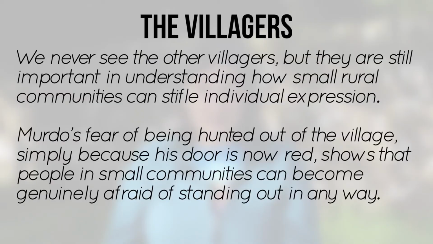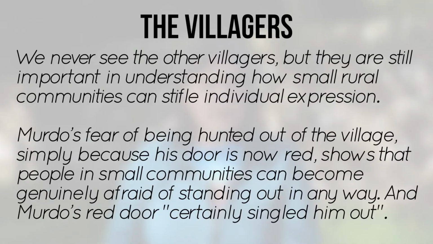The fact that there's never been a red door in the village before, and that Murdo even has to contemplate the outrageous prospect of being hounded out of the village just because his door is red, emphatically underlines the fact that in small rural communities, individuality can be suffocated because people are genuinely afraid of standing out in any way. This is demonstrated, for example, when Murdo acknowledges to himself that having a red door certainly singled him out.